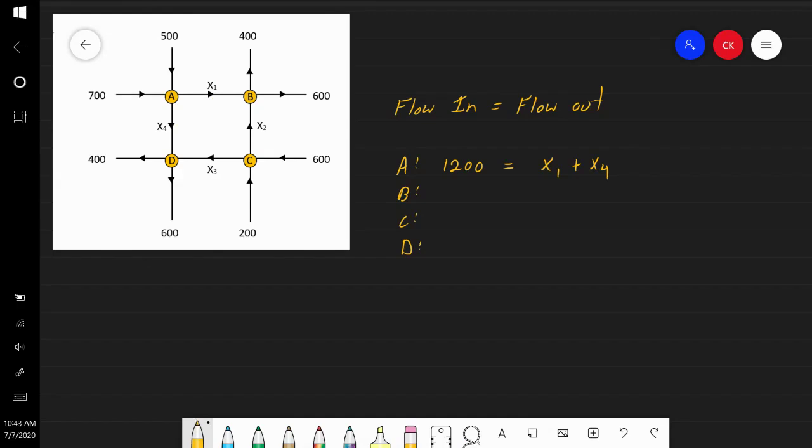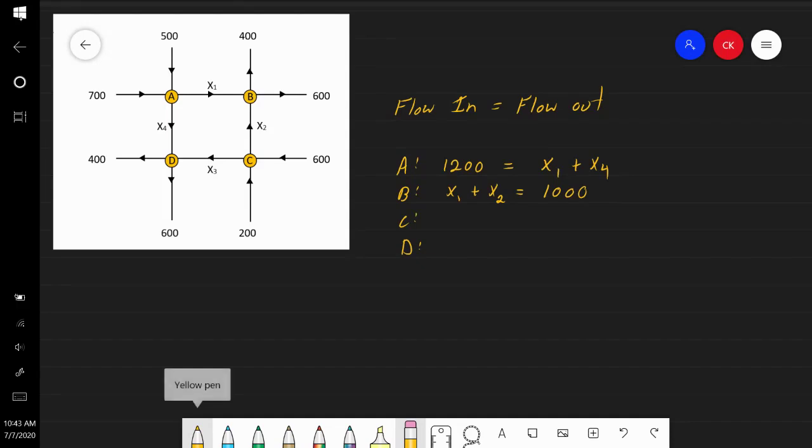And we do the same thing then for the rest of these. We'll go ahead and look at intersection B now. You've got X1 and X2 entering intersection B, so street 1, X1, plus street 2. And that's going to be equal to the total output. And we know the total output on these streets is 400 and 600, so that's equal to 1,000 cars coming out.